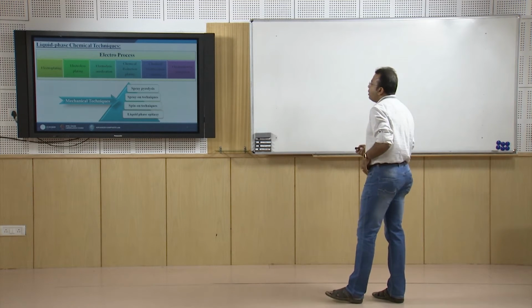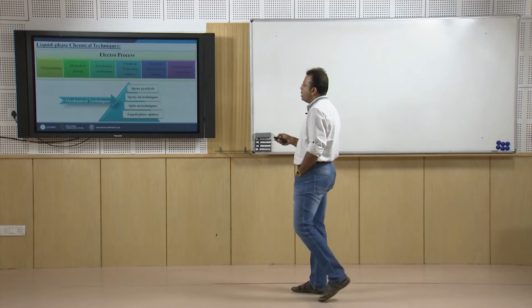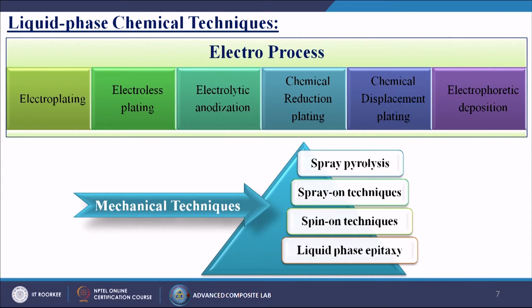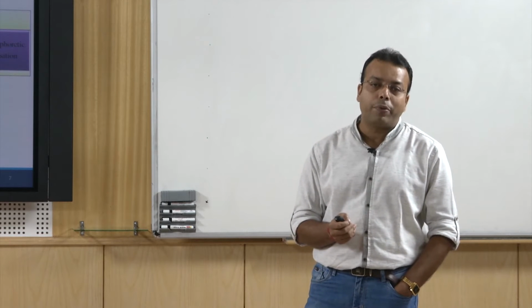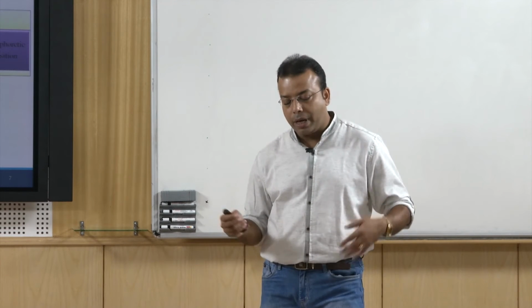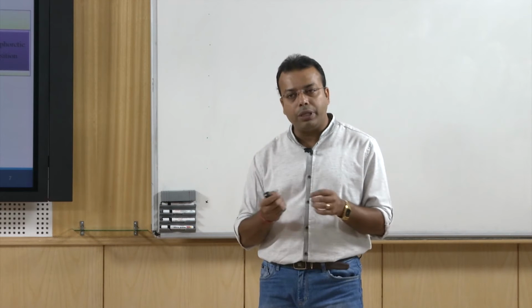Next we come to the liquid phase chemical techniques. First there are several electro processes. From the name itself you can understand that we give electrical energy to the process, or there is some potential difference in the process.